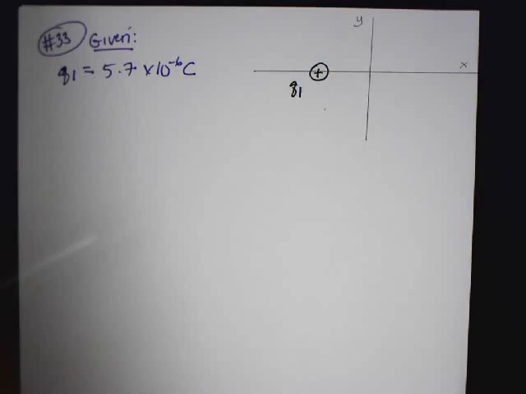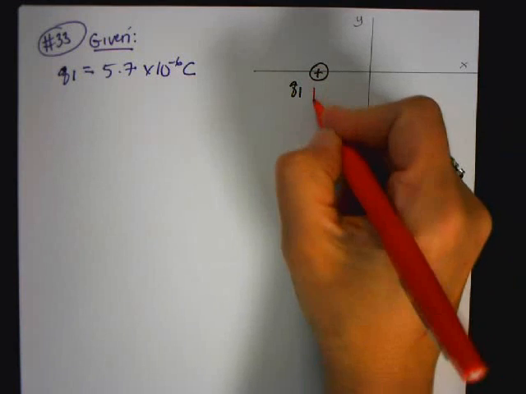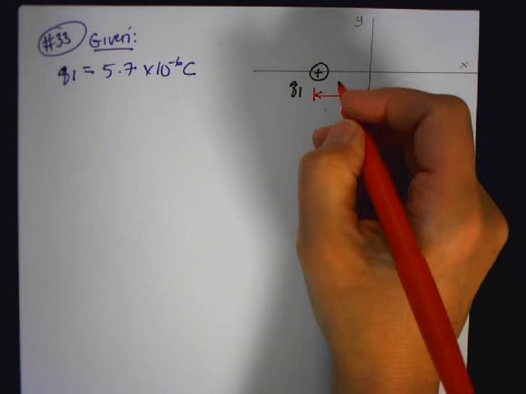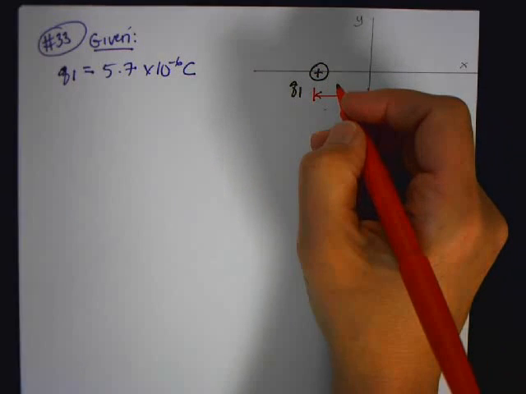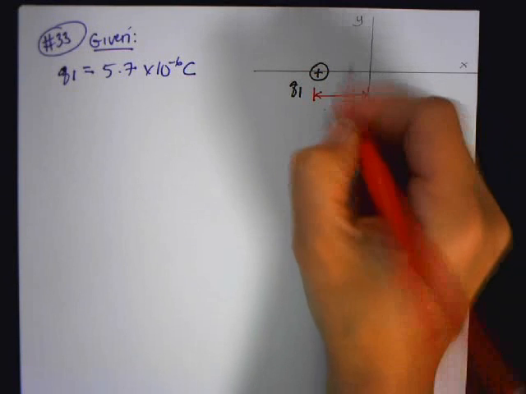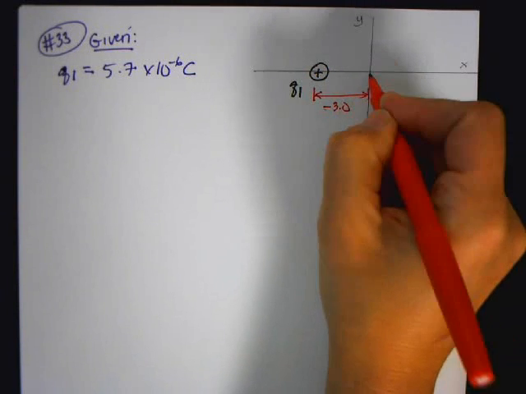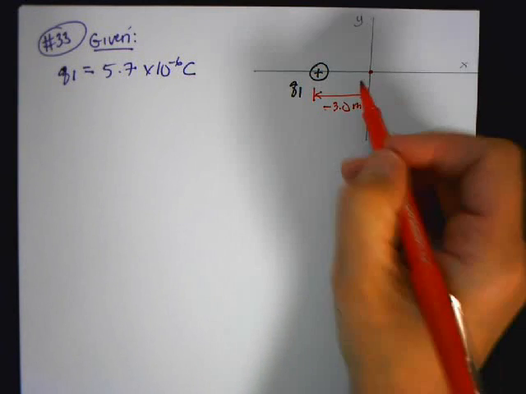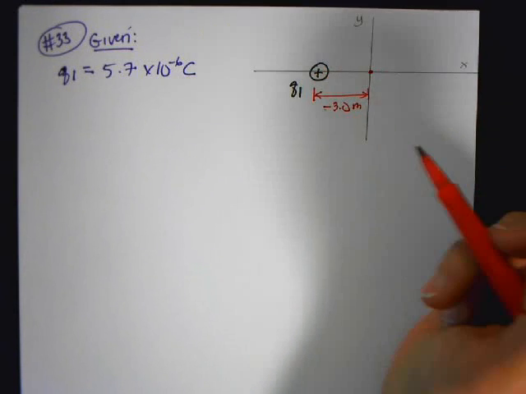This is Q1, and I know that this distance here is equal to negative 3 meters. It's negative 3 because here's my frame of reference. So the distance here is actually 3 meters. The negative means that it's that way.